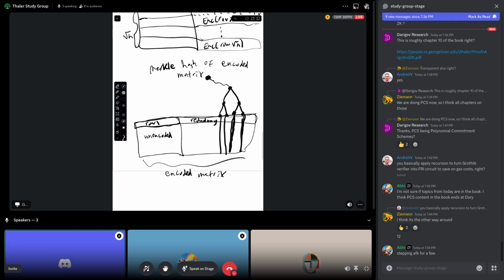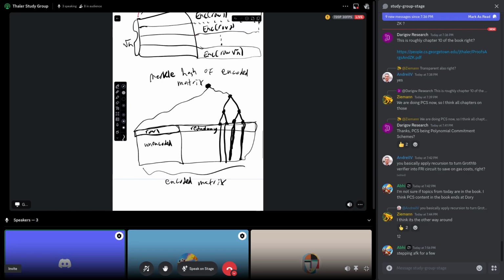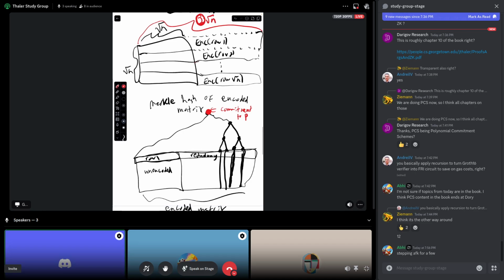And so the commitment to the entire polynomial is just this root hash. I'm going to put it in red. This one red hash is the commitment to the polynomial. So that is the commitment phase of Ligero.